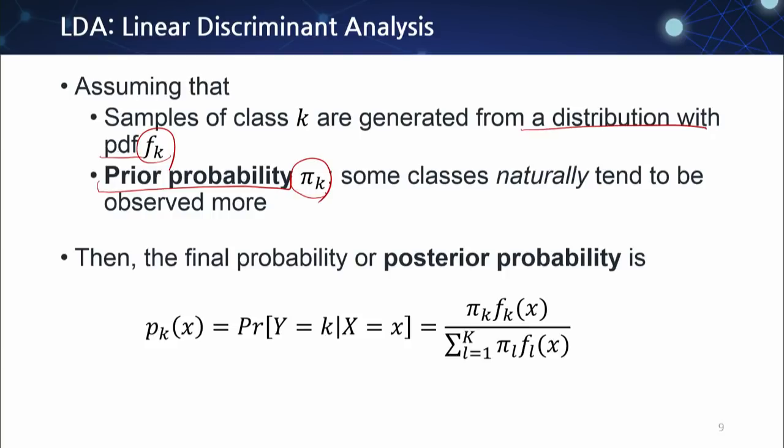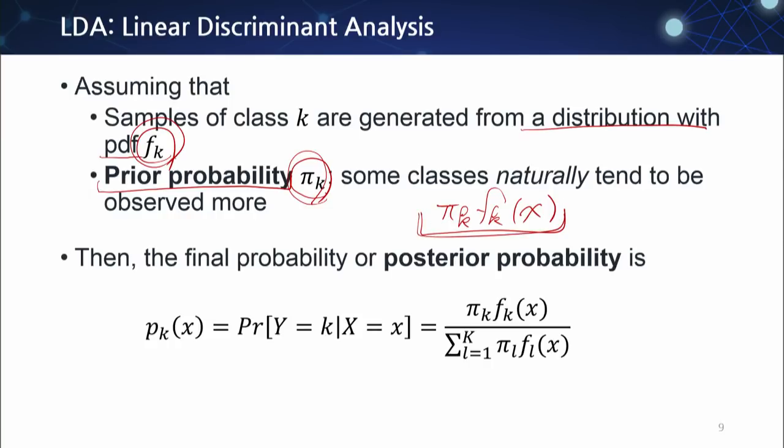Finally, the probability to observe a sample of class K is proportional to this prior probability times its own PDF function. So when the observed data X is given, the probability that the sample has class K is modeled by pi_k and f_k of X. But by itself, this is not a probability.